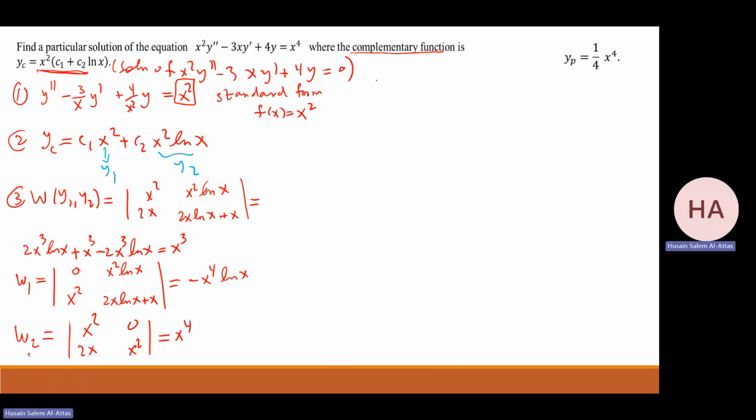So u1 prime will be W1 over W. And what is W1? Minus x to the power 4 ln x over x cubed. That will be minus x ln x. How to do this? I need my parts. Okay.